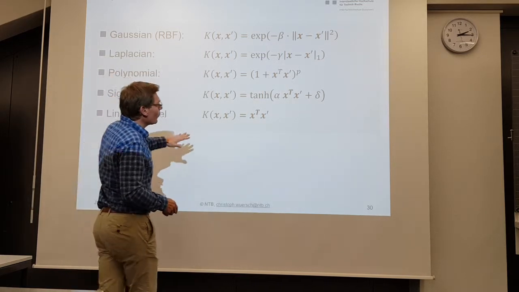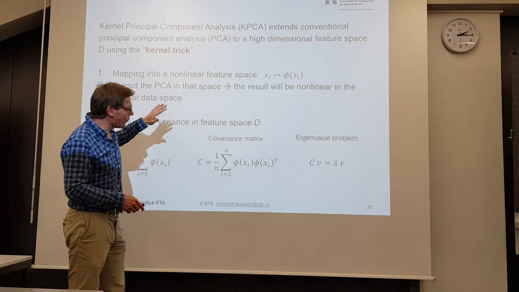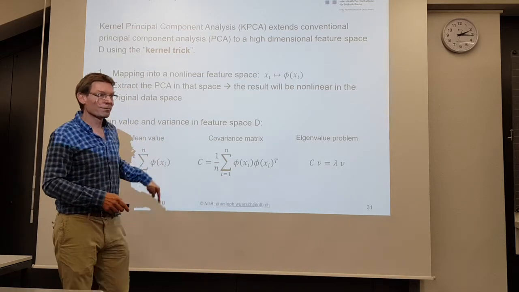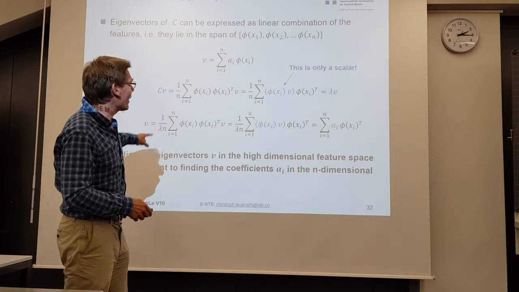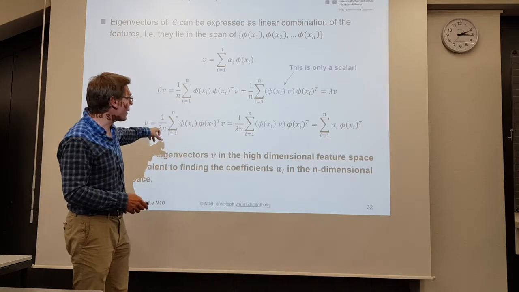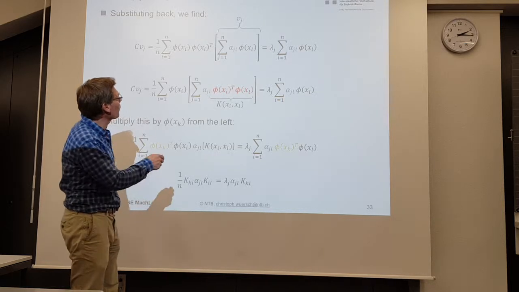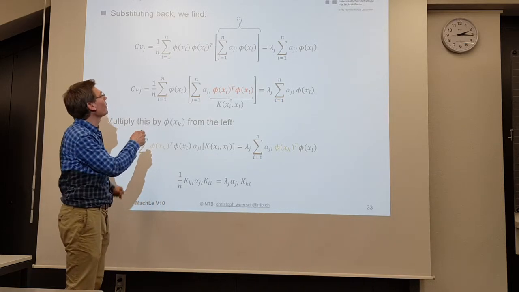And the explanation is given here for the interested reader, how it can be done. It's just an explanation of how we get to the eigenvalue equation for the kernel PCA. The most important thing is, I try to explain it like this.